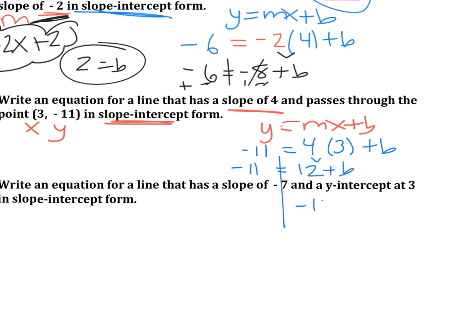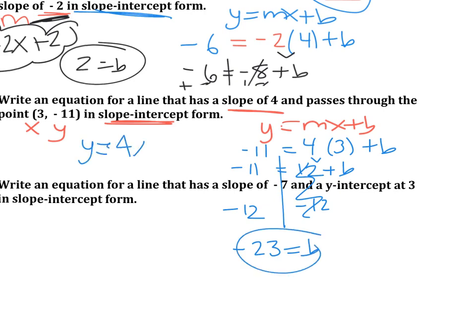It's a positive 12. I do the opposite. I subtract. Negative 11 minus 12 is negative 23. My final answer is y = 4x - 23. That's just an equal sign, equals, not a negative. We will erase this.